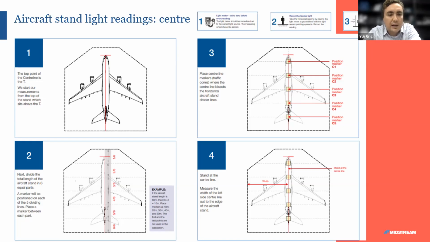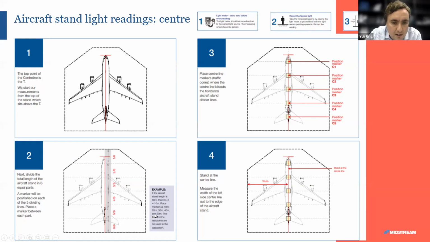We divide the total length of the aircraft into 6 equal parts. Depending on the length, it's 1/6 all the way to 6/6, and the marker will be positioned on each of the 5 dividing lines. So you place a marker between each of these lines: 1, 2, 3, 4, 5.